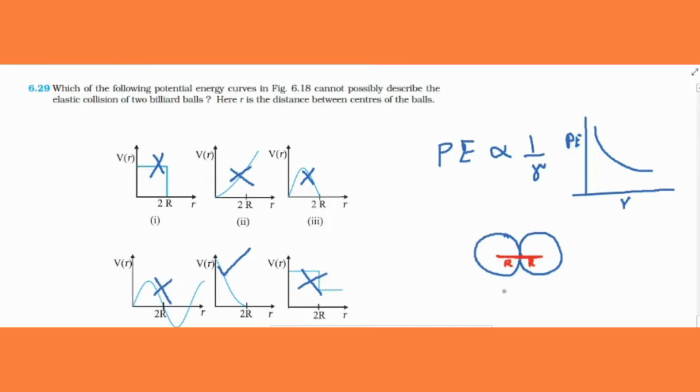Then afterwards the balls get deformed like this. That means the distance between them is less than 2r. At that time their kinetic energy is momentarily converted to potential energy.